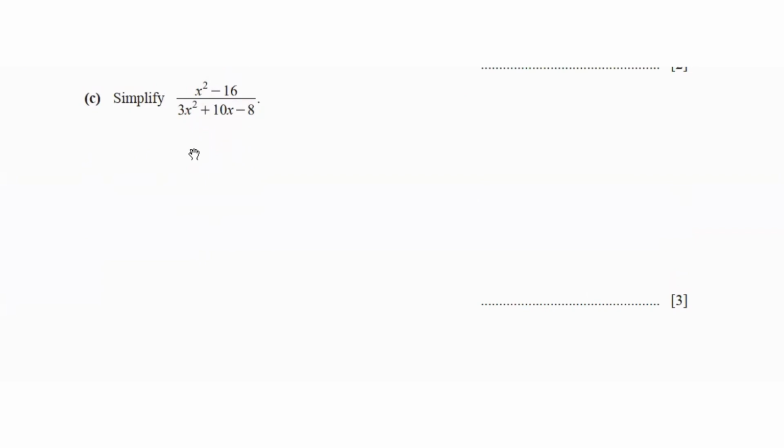Simplify x squared minus 16 over 3x squared plus 10x minus 8. We have two quadratic expressions, but both of them will be factorized differently. If you look at the first one, this is a difference of perfect squares.